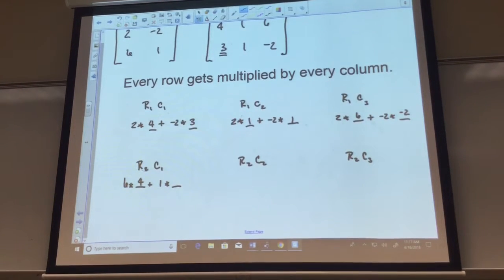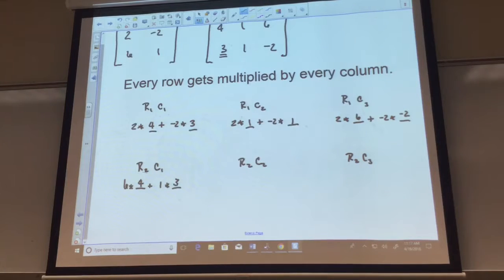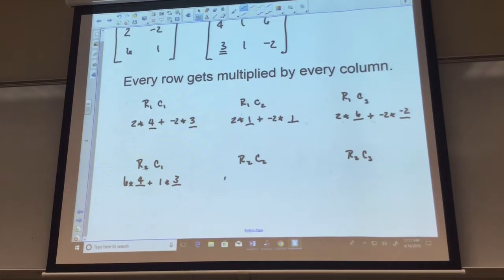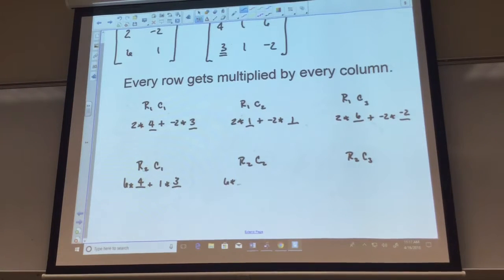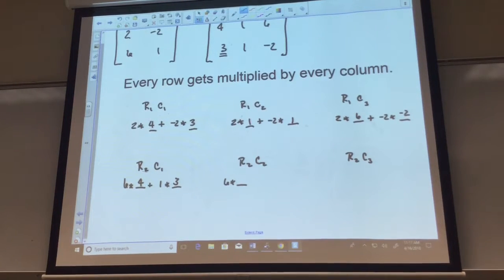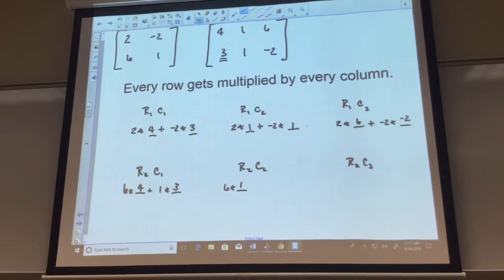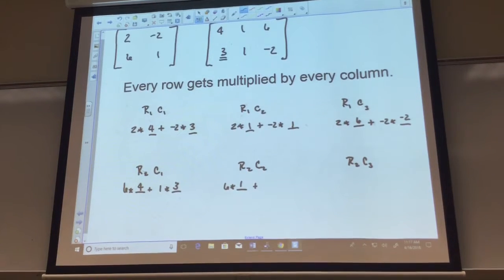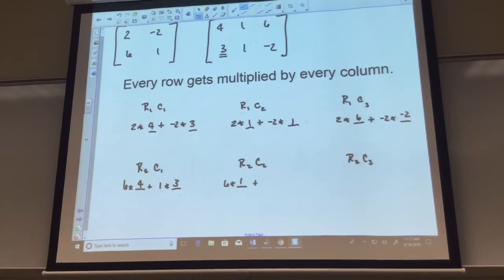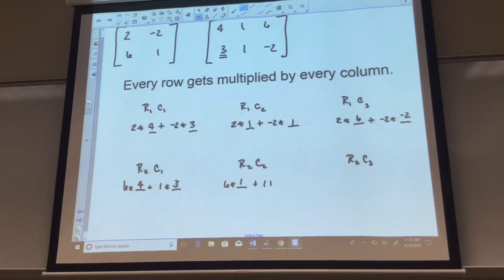Second element of row 2, second element of column 1. First element of row 2 times first element of column 2, which is a 1. Second element of row 2, which is a 1, by second element of column 2, which is also a 1.